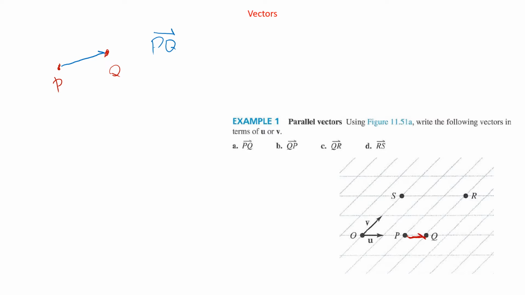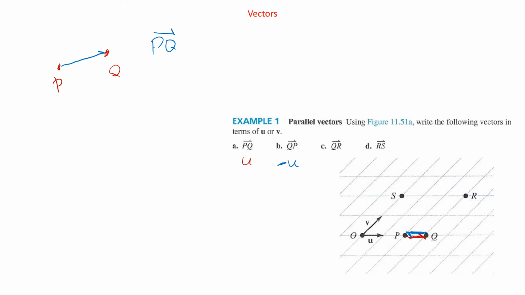That's the same as U. So PQ is just U. QP, that would be going backwards. That would be negative U.